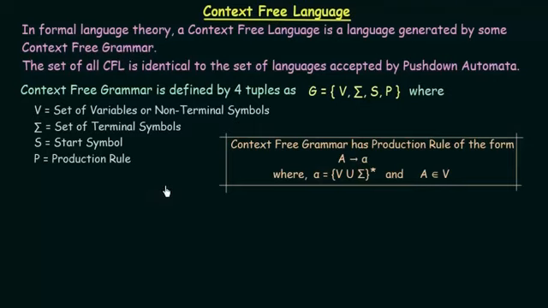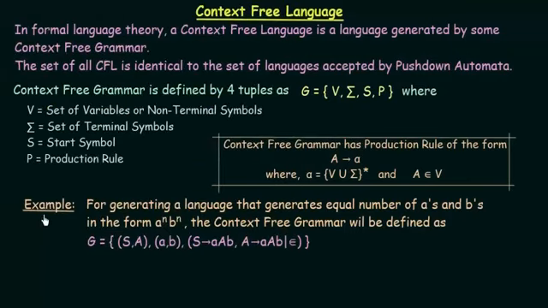Now let us take a simple example to understand it in a better way. For generating a language that has an equal number of a's and b's in the form a power n b power n, we define a context-free grammar.